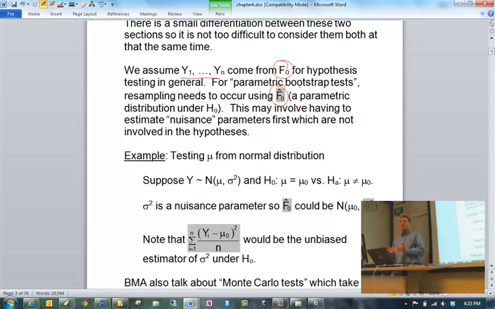That means f0 would be normal(0, sigma squared). F hat 0 would be exactly the same thing, normal(0, sigma hat squared), which I guess I'm getting into the next example already. But you have to be careful about what you use as an estimator.